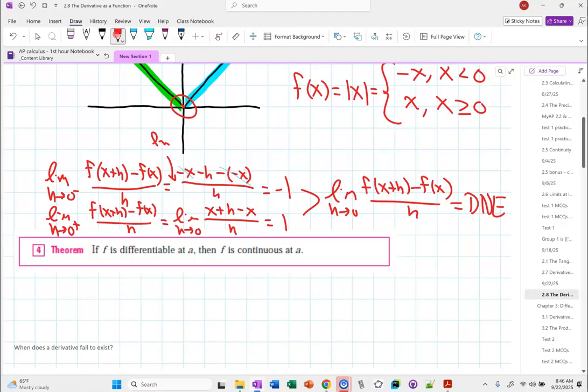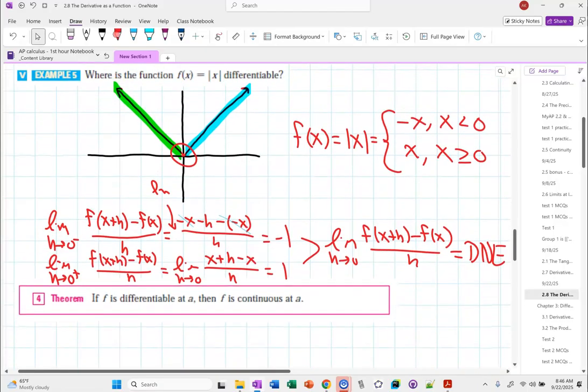So, the takeaway: you see how the slope changes abruptly here, where it's going from negative 1, negative 1, negative 1, positive 1, positive 1, positive 1. At that abrupt change in slope, the derivative is going to fail to exist.